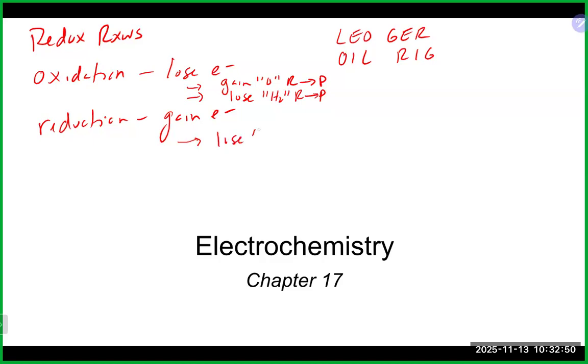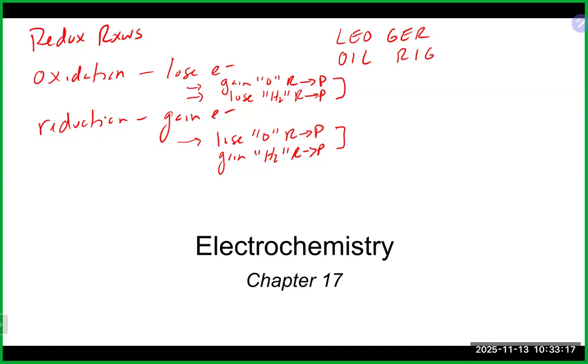You lose oxygen as you go from reactants to products, or you gain hydrogen as you go from reactants to products. Again, in here, probably not going to see too much of those definitions, but when you go to organic, that's usually all you look at because it deals a lot with all nonmetals.